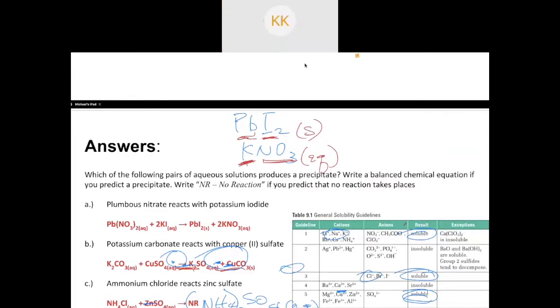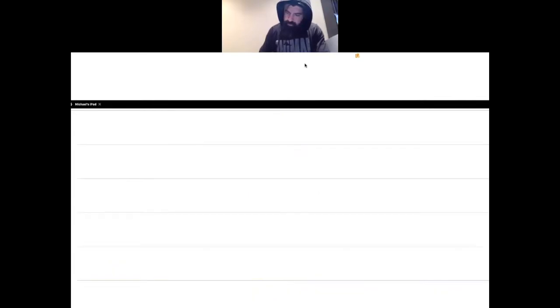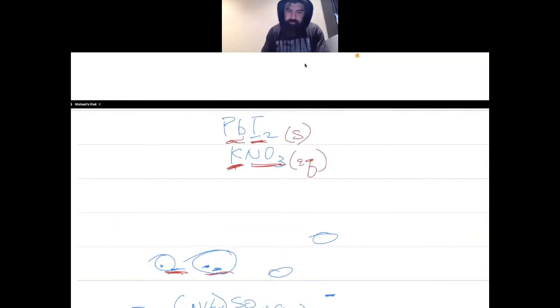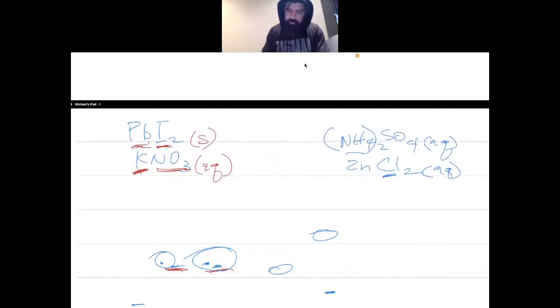I don't know if it's going to let me do something here. Let me try something. Add a page. Okay, so let's paste some of this stuff here. Okay, so we're using just a blank page here to explain what that means. Let me erase some of this other stuff.